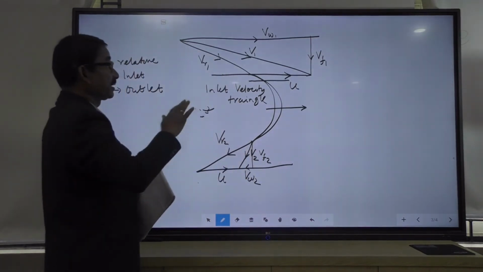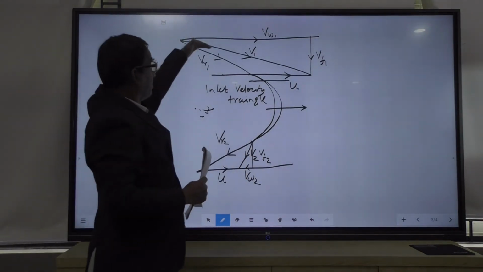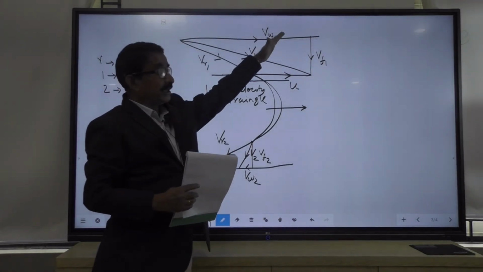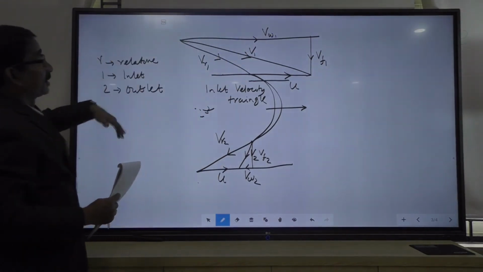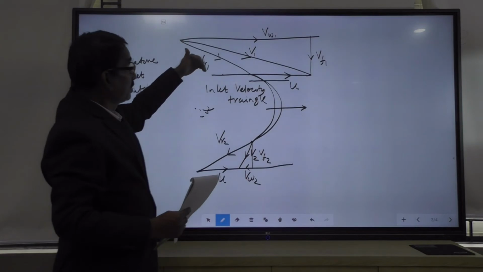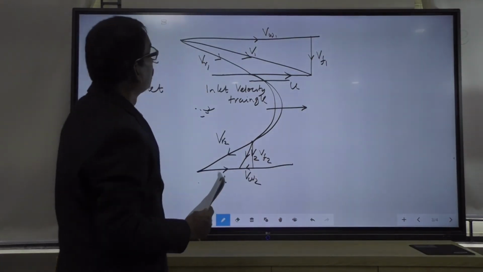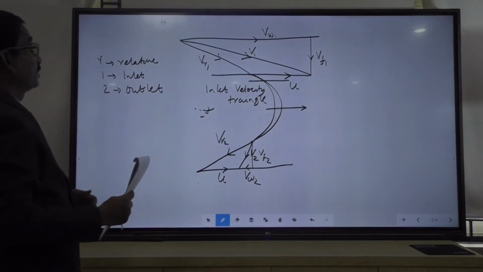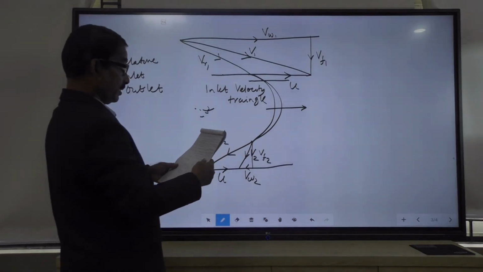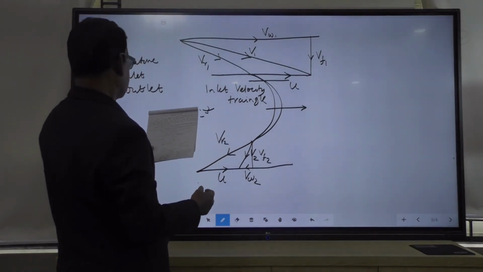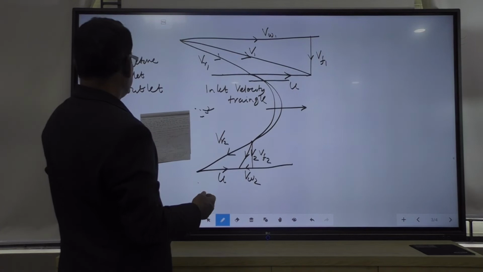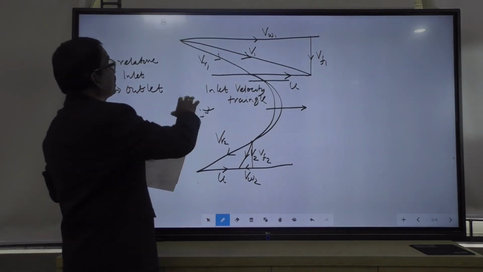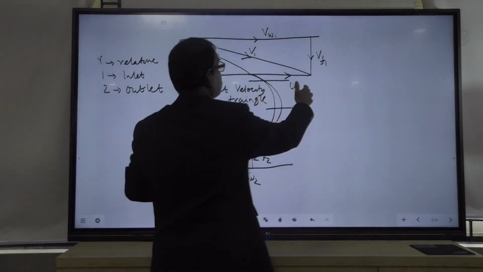This horizontal component of the steam velocity actually helps in doing work, and VF only helps in the flow of the steam through the turbine blades. That means it glides from one blade to another.